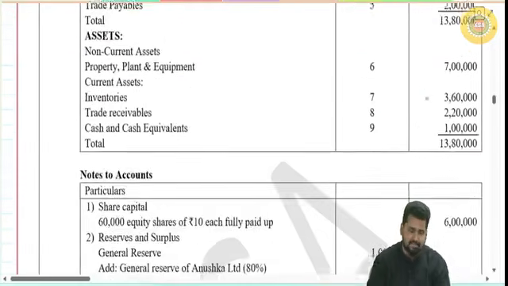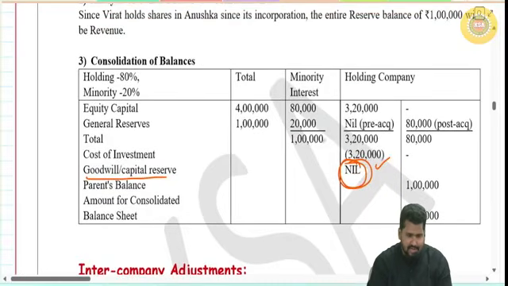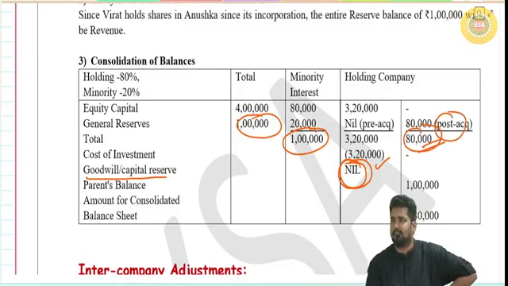In that, our share is 80%. So in the reserves and surplus calculation, in the general reserve of 1 lakh, how much is the parent's share? 80%. So post-acquisition I'll take it as 80,000, because everything is post period only. There is nothing called pre period, because when they started the business itself, we purchased.